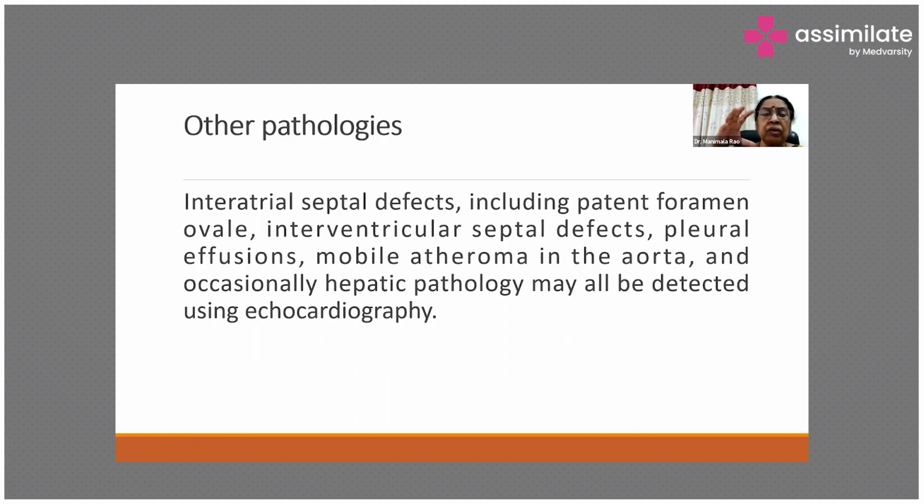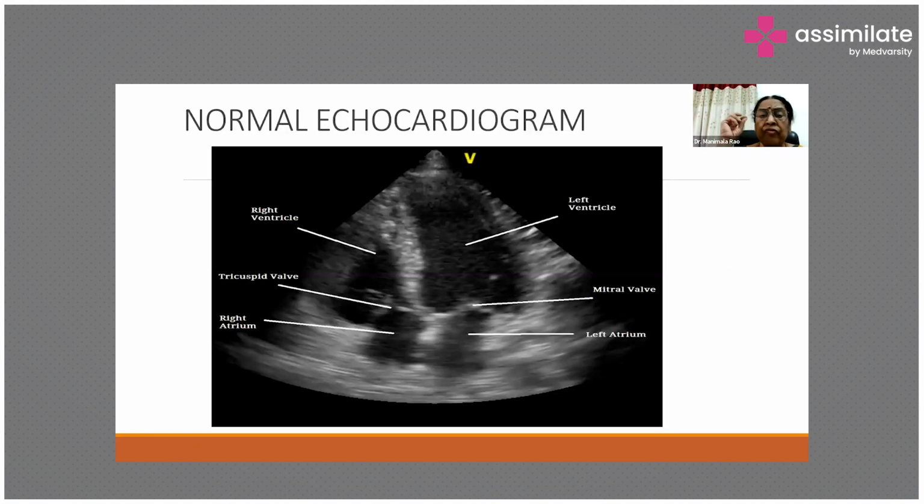Now I'll come back to the normal. So you always have to know what is the normal. Left ventricle up and the left atrium lower down on your right. So the ventricles, the apex is higher and the base is lower, and you have the right, which is much smaller, and the interventricular septum, and the pericardium, which is much lower down.